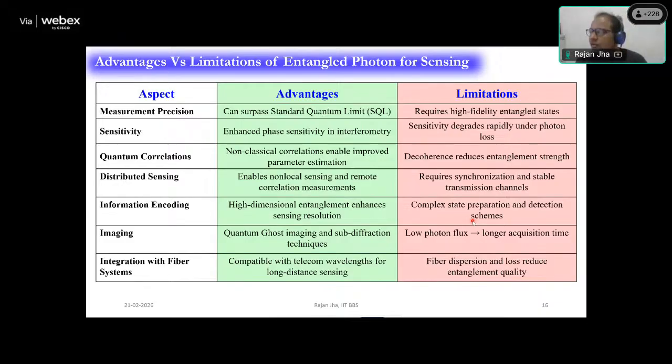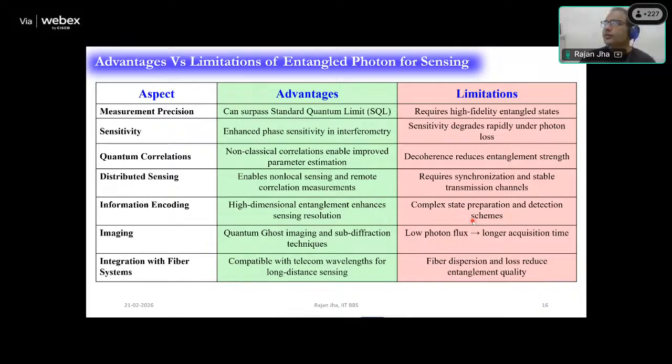Apart from that, once you do the correlation or coincidence measurement, you require some type of detector, and there are three standard detectors: APDs, SNSPDs, and TES. We have discussed the different limitations and advantages of these detectors.